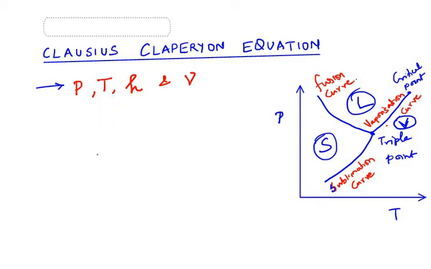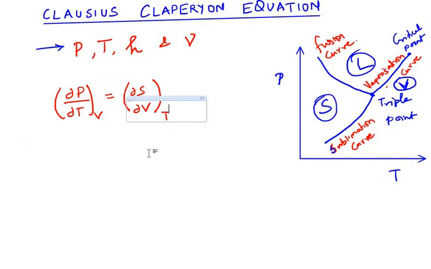From Maxwell's relation, we know that (∂P/∂T) at constant volume is equal to (∂S/∂V) at constant temperature. Now consider the change of phase, that is, from saturated liquid to saturated vapor.